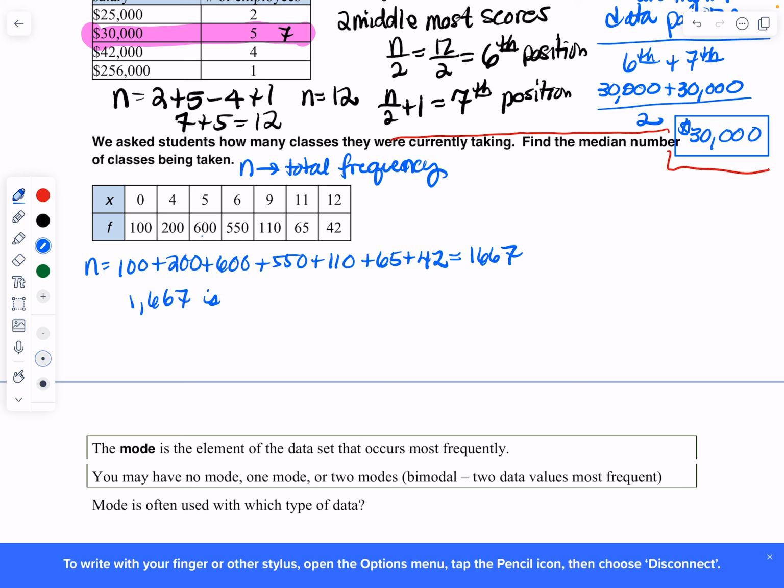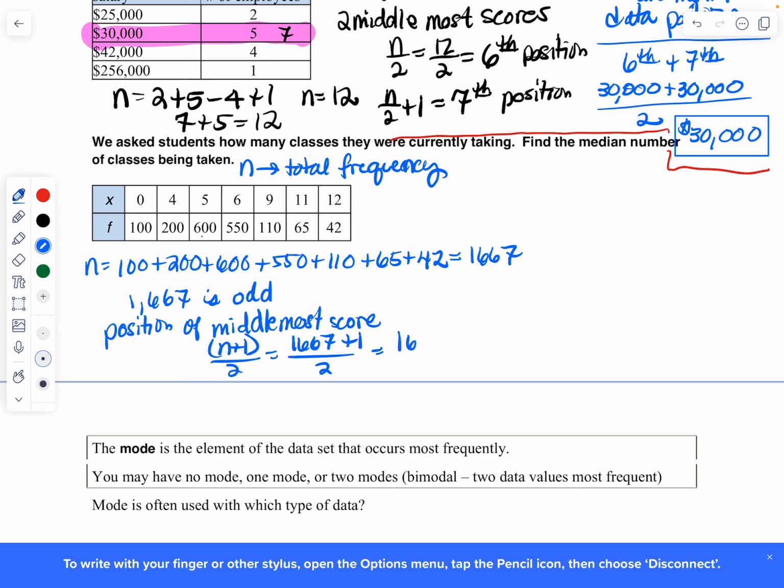Okay, 1667 is odd. So to find the position of the middlemost score, I'm going to take n plus 1 divided by 2. So n, remember, is 1667. I'm going to add 1 to that and divide that by 2.